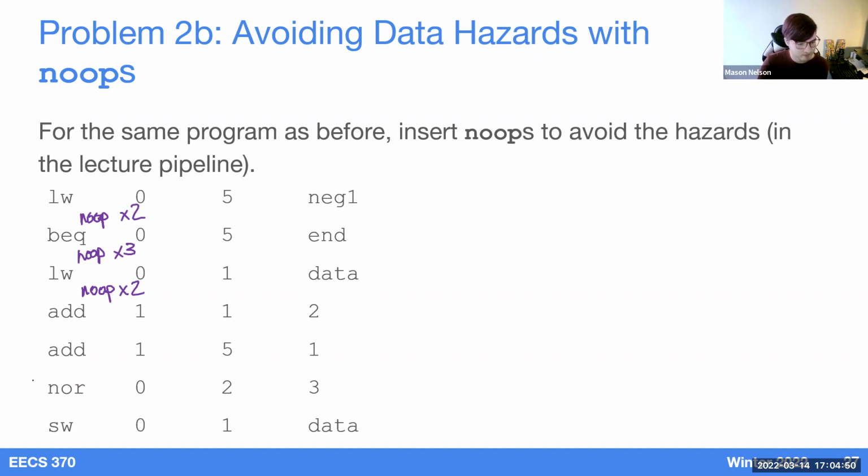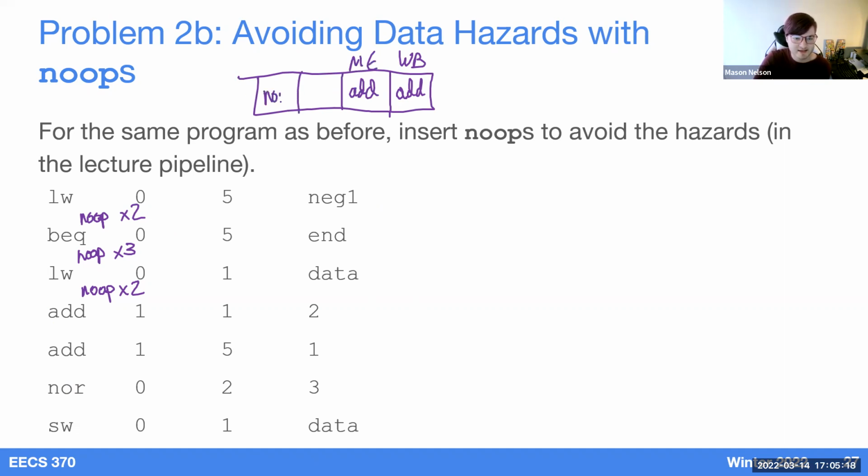Now let's move on to the next one. We said that this NOR was dependent on the first add. And so let me draw the little box again, up here. Looking at it right now, we would have our add in write back, and then it looks like we would have this second add in probably mem. It could be in execute, doesn't really matter.